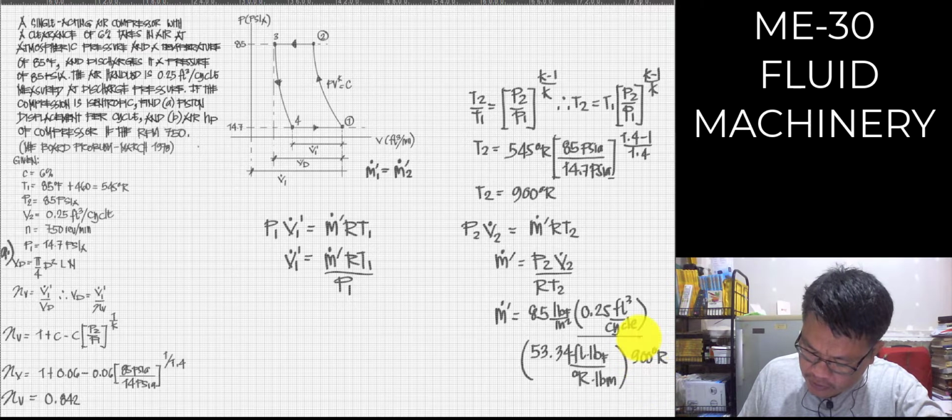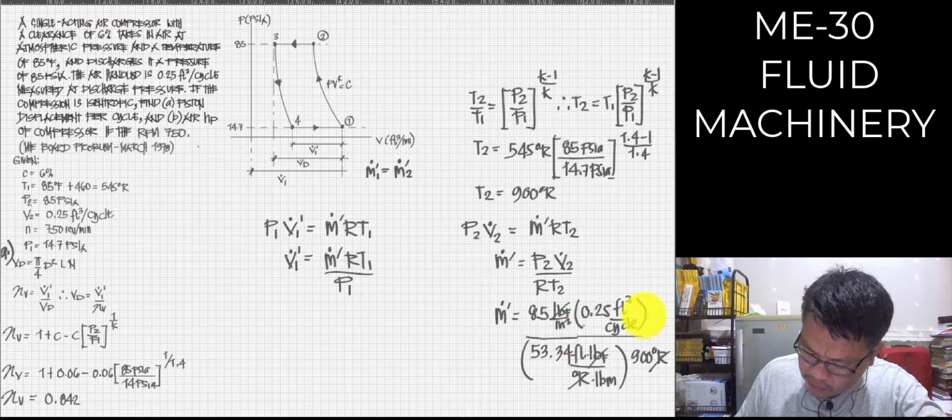So let's cancel the units here. Pound mass stays, and the pound force cancels. This is per square inch, so we need to convert it into square feet.